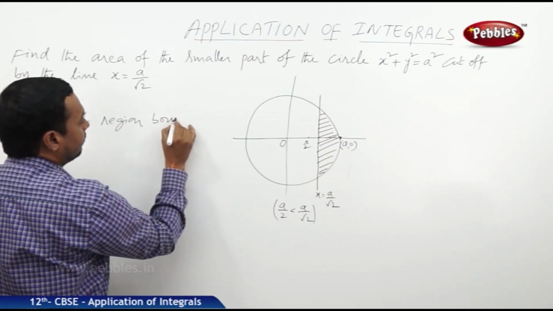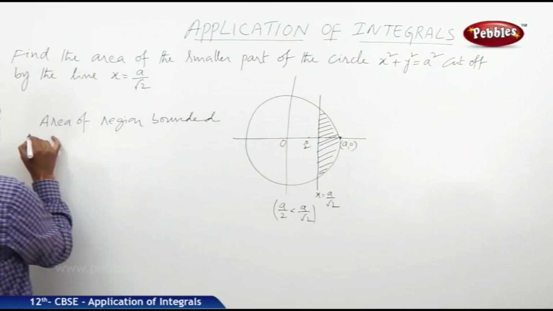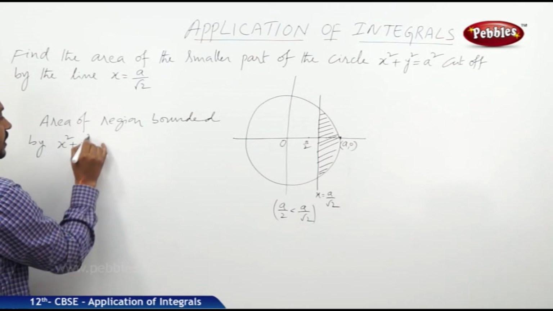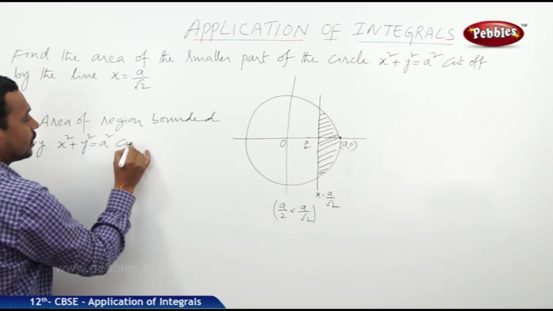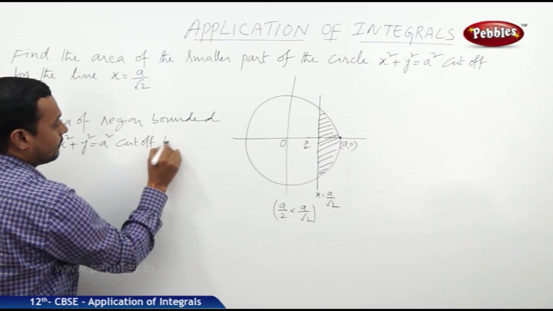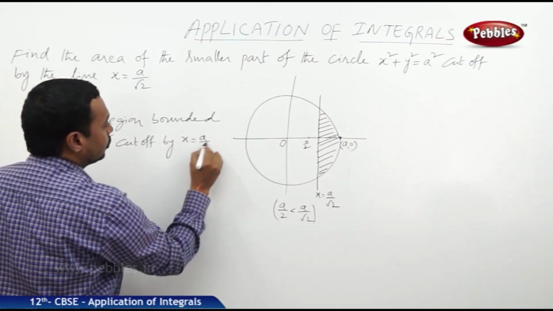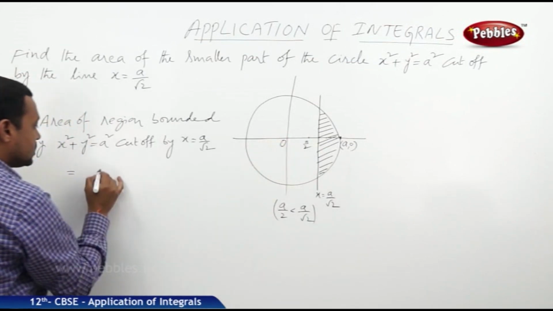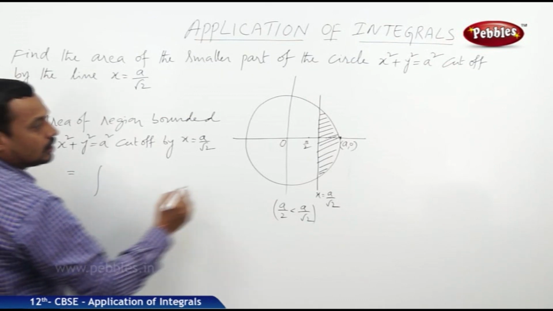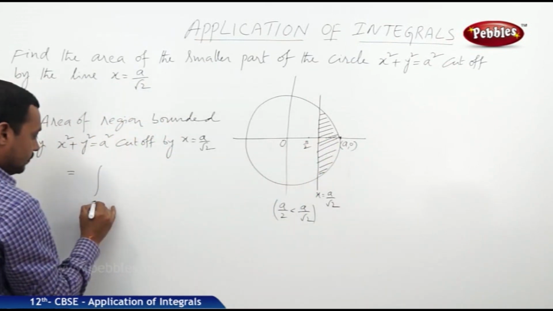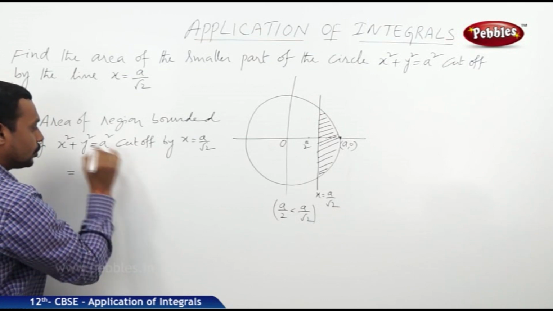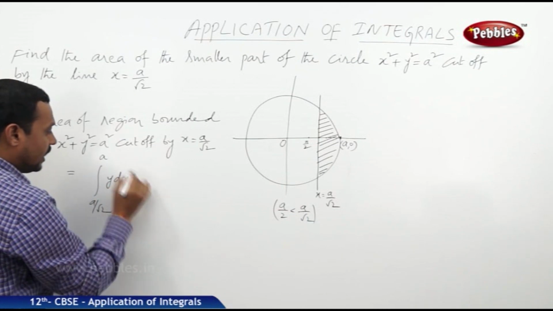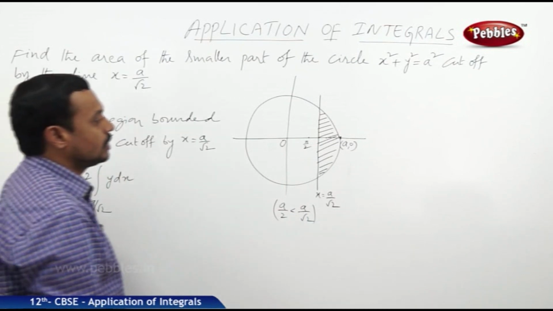bounded by the circle x square plus y square is equal to a square cut off by x is equal to a by root 2 is equal to, now this is the integral from a by root 2 to a of y dx, and 2 times this.